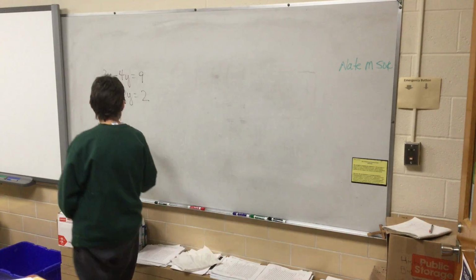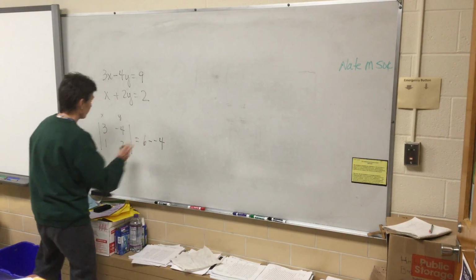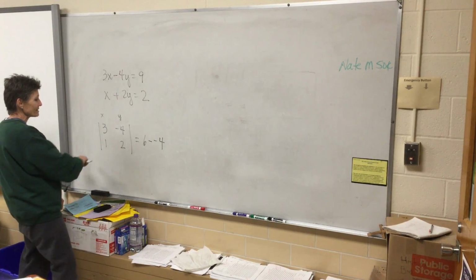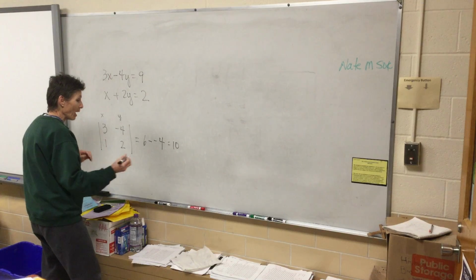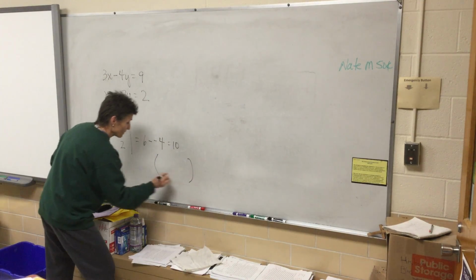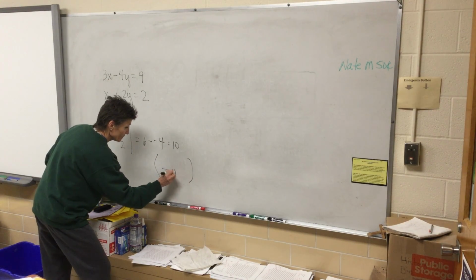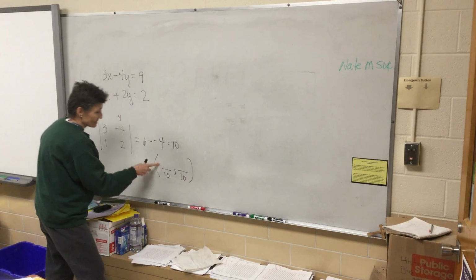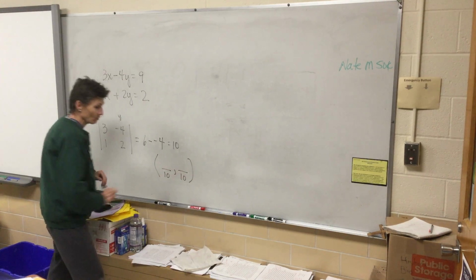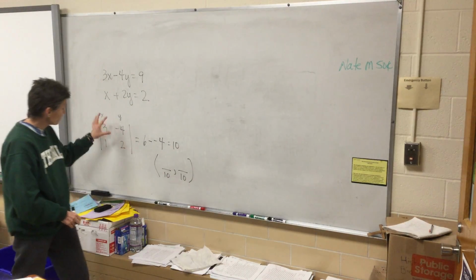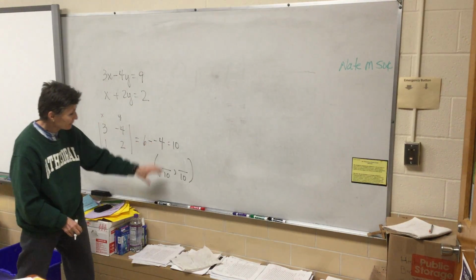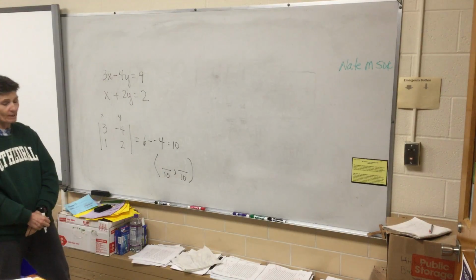Yes. 6 minus negative 4. That is 10. So our answer is going to be something over 10, comma, something over 10. That determinant of the coefficients becomes the denominator of your answer.